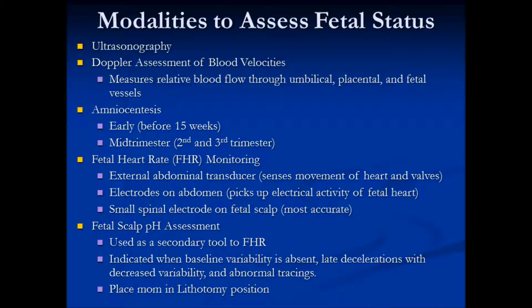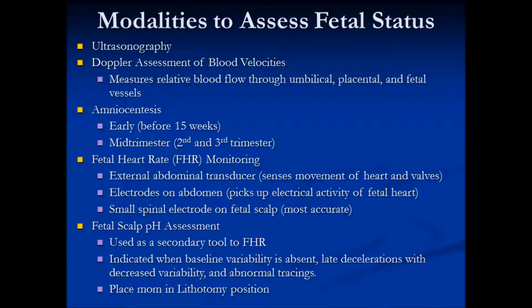Those are all things that could say we need an additional assessment and we want to see what the pH is like. Then they will go and do the fetal scalp pH. And the way that they do it is they tell the mom to assume the position that we females are so familiar with. Put our legs up in the lithotomy position with the feet in the stirrups and all that good stuff. And that should bring the baby's scalp to view.